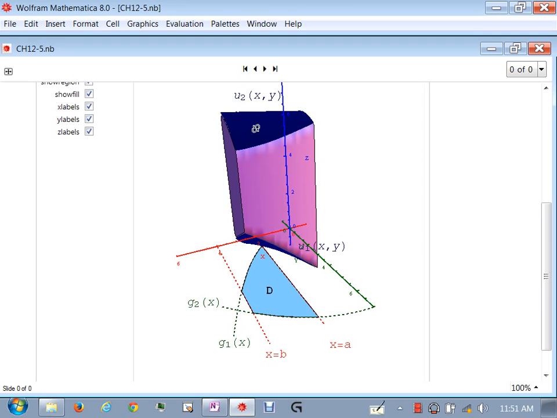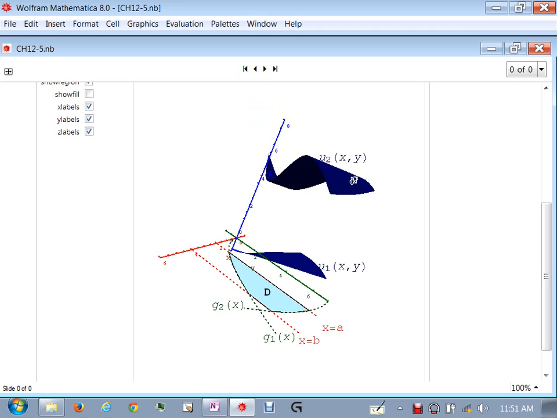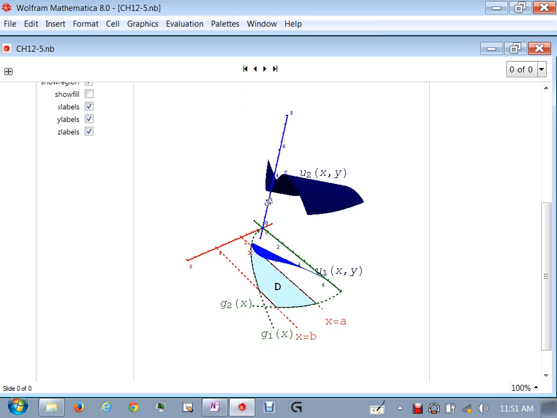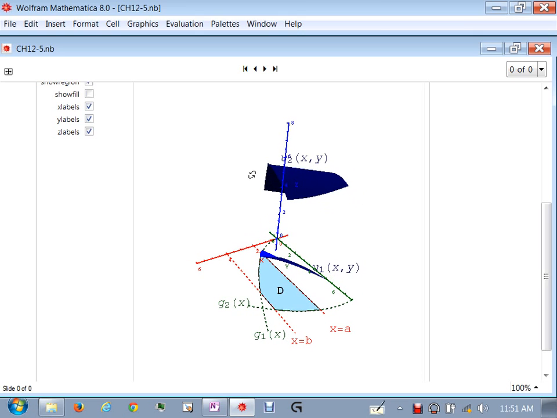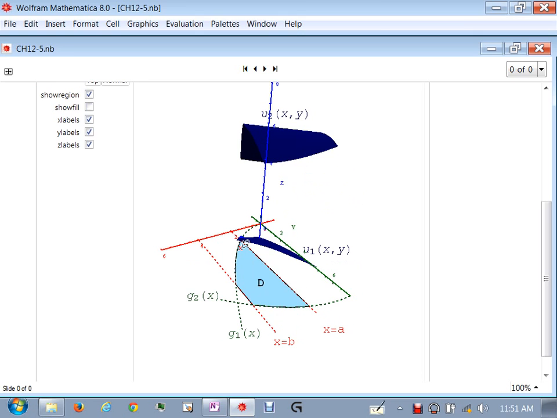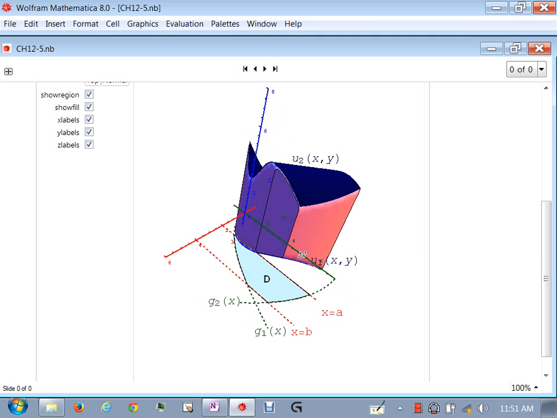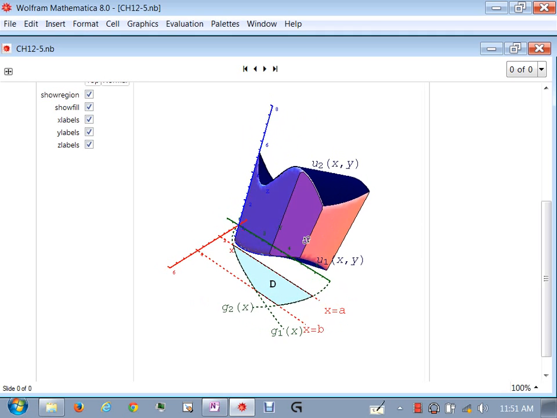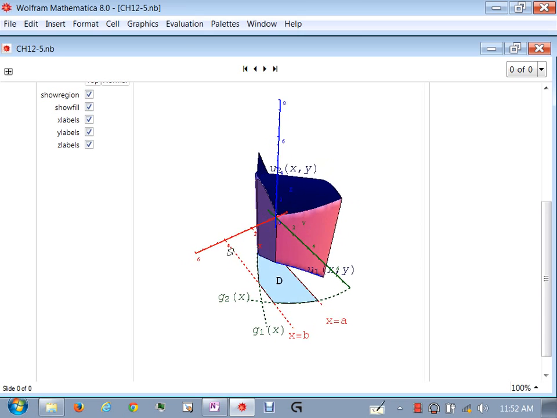There's the top cap by itself. That top cap is its own surface. The bottom cap is its own surface. Since they're both surfaces, the top one we could call U2 of xy, the bottom one U1 of xy. And if we fill in the middle, that's our solid, yes? Do you all follow that?